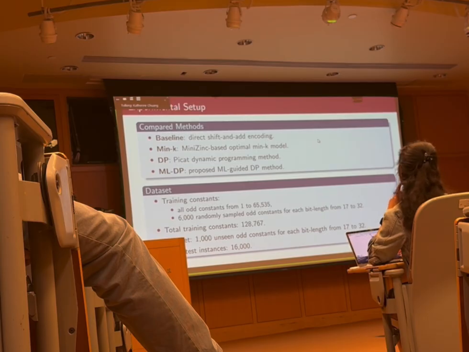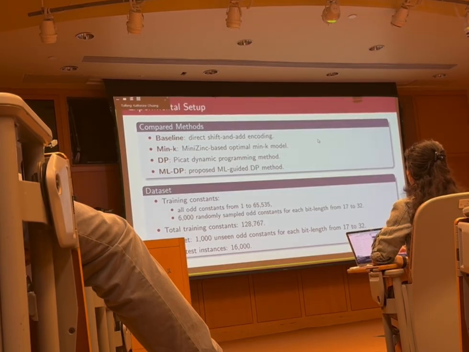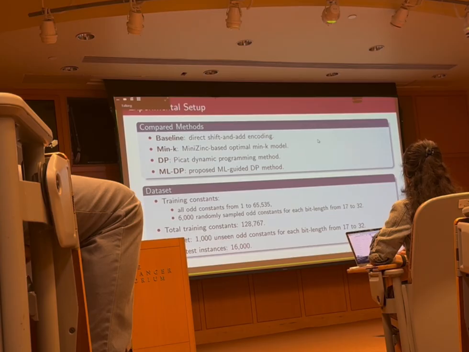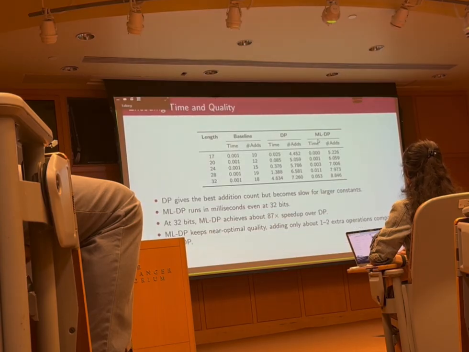So the training constants are up to 100,000 there. And for the test set, we generate 60,000 odd constants for bit lengths from 16 to 32 there. Each has 1,000. And this is our result.